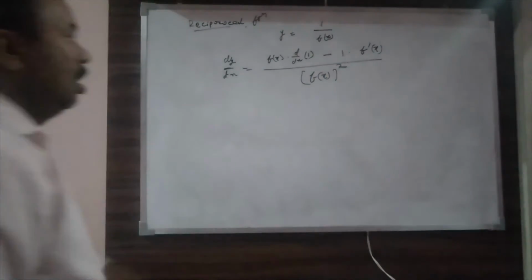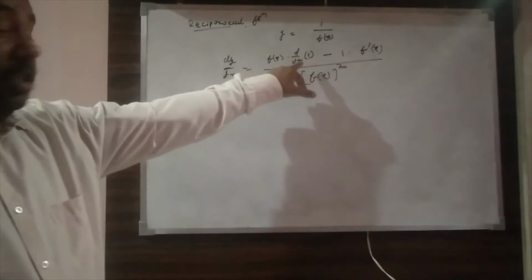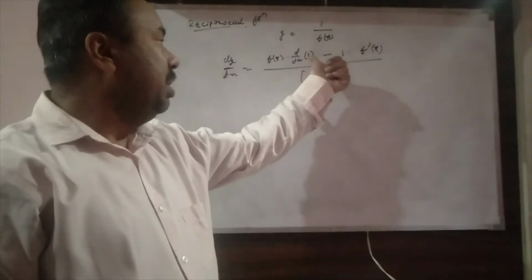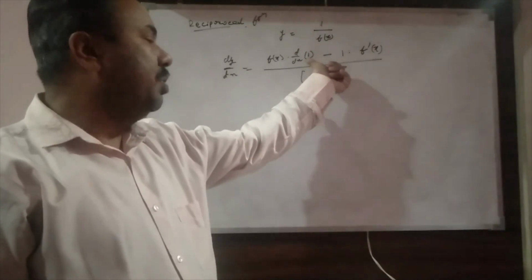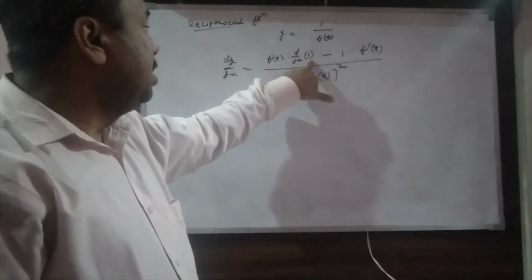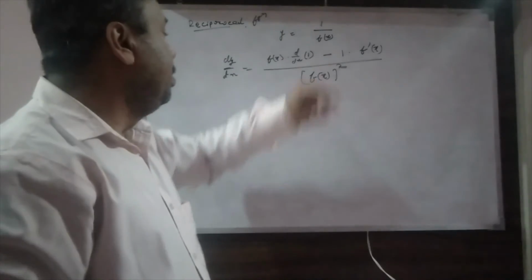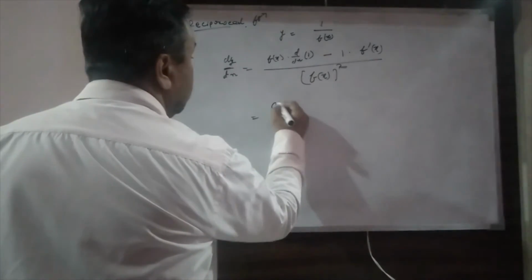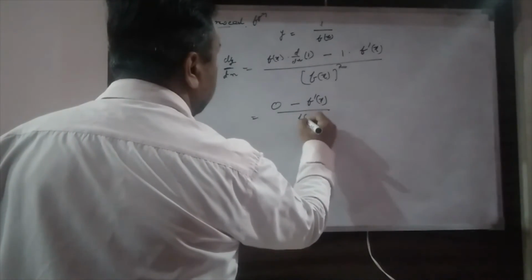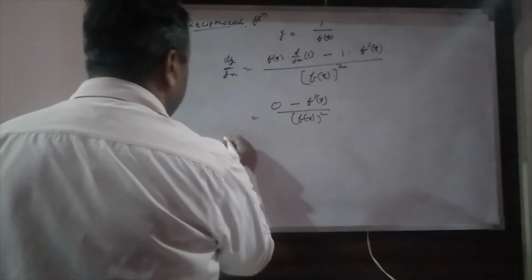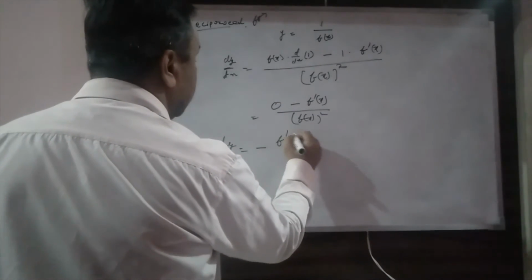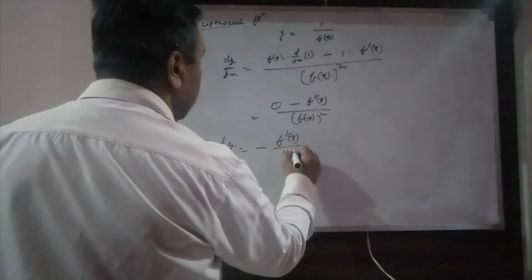Okay, so now what is the differentiation? In the starting of this class I told you 1 is a constant function and differentiation of a constant function is 0. Okay, so if it is 0, then this whole term will become 0. So this becomes 0 minus f dash x divided by fx square, or dy by dx will be equal to minus f dash x divided by fx square.